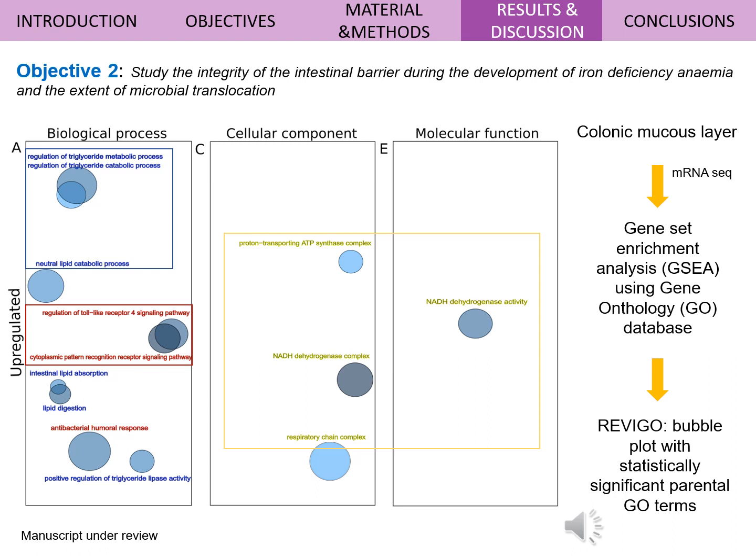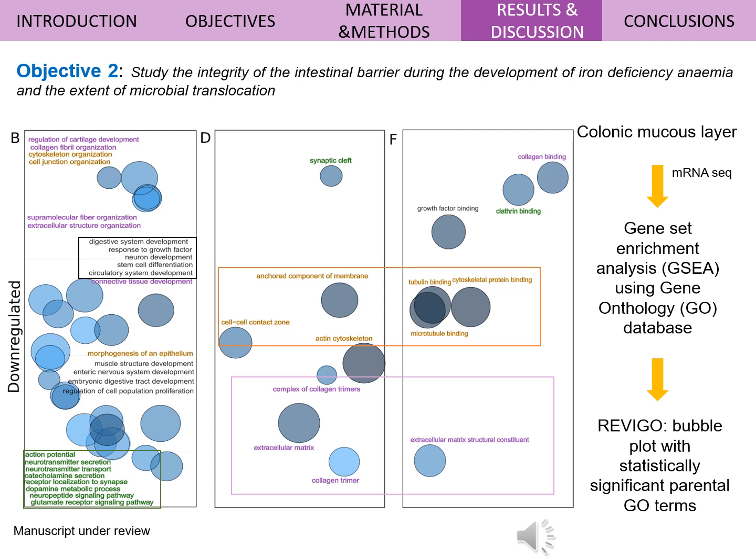In this slide, we can see the upregulated ones, and we can observe that there are GO terms related to lipid metabolism, highlighted in blue. There are also GO terms related to host microbiome interactions, highlighted in red, and a bunch of terms related to the mitochondrial electron transport chain, highlighted in yellow.